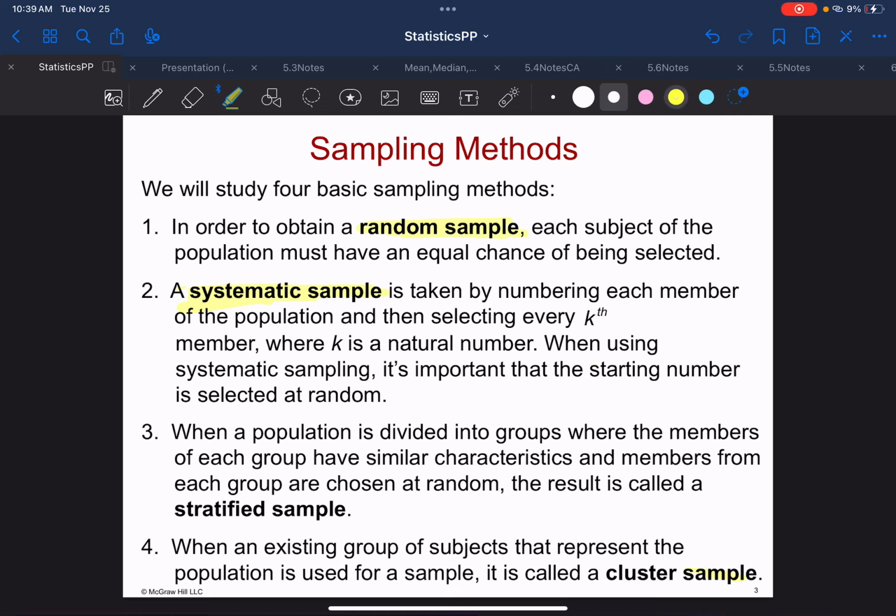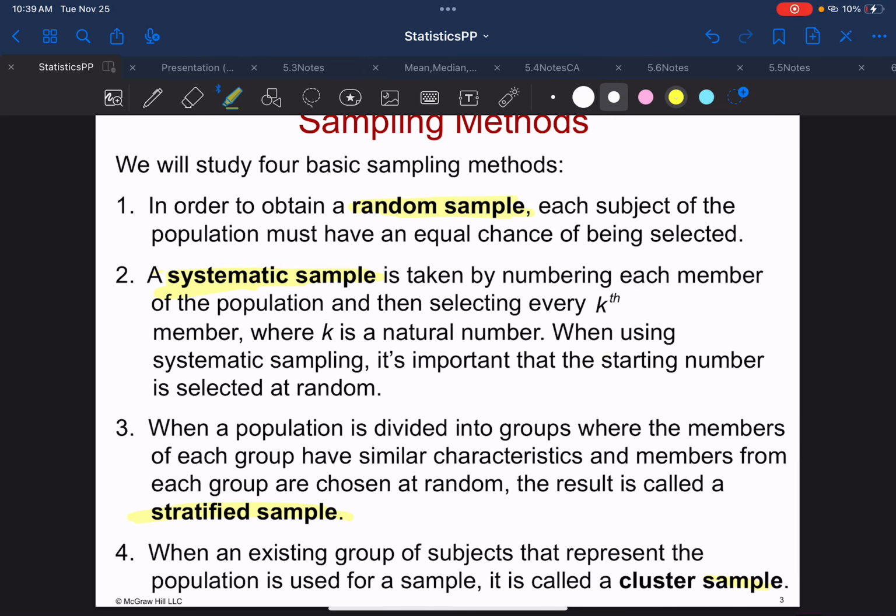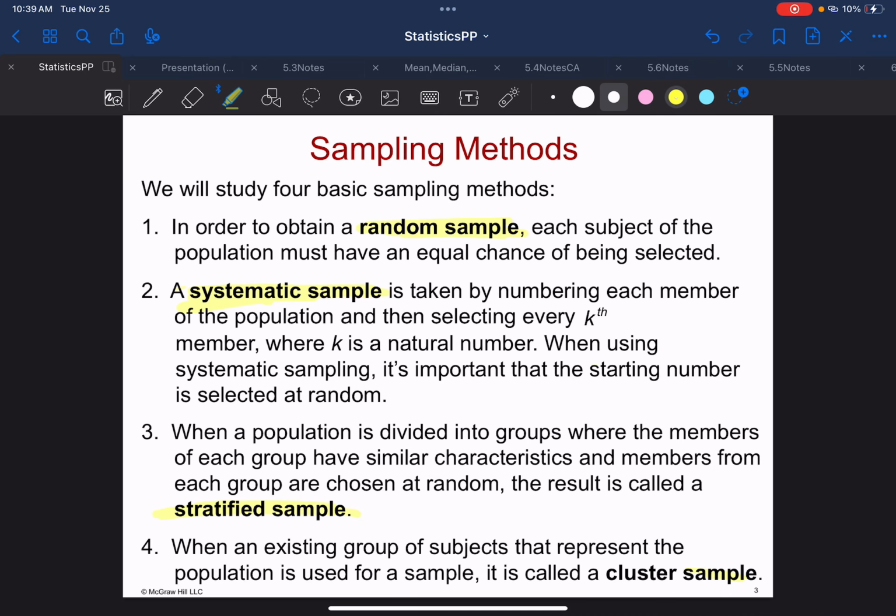The third example is a stratified sample. This is when a population is divided into groups where the members of each group have similar characteristics, and members from each group are chosen at random. So we could divide the population into groups by classroom.